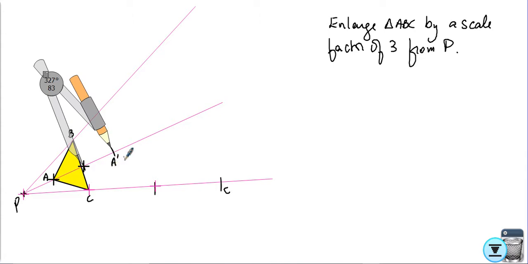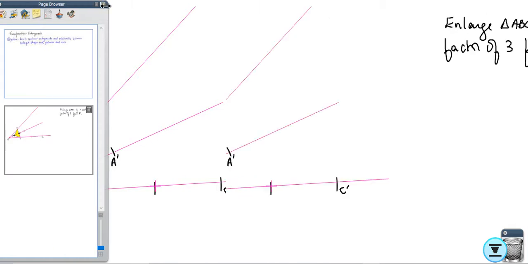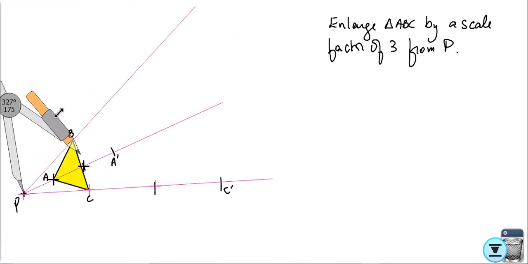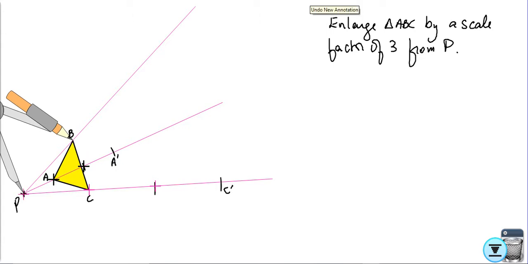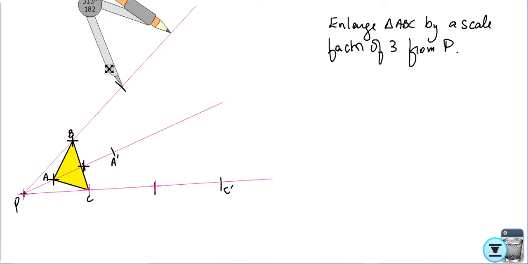So I have the new point A, the new point C. I need B. So now I move that to B. Let's see, it must be a little slightly larger. Okay, that's correct. So that's distance PB. Moving that. So 1, 2. Last one. 3.